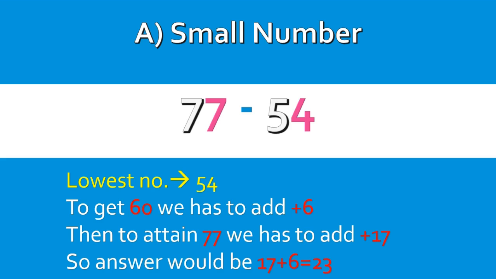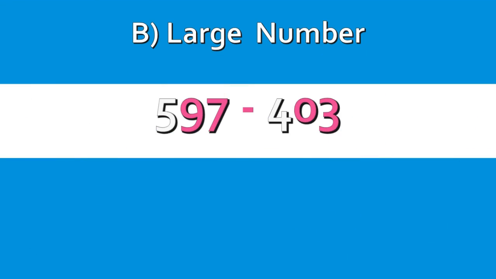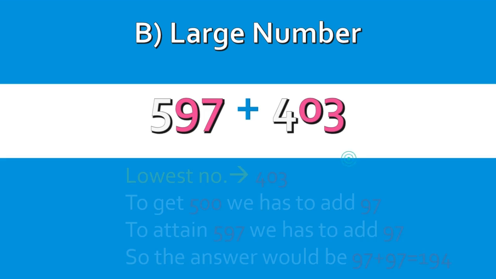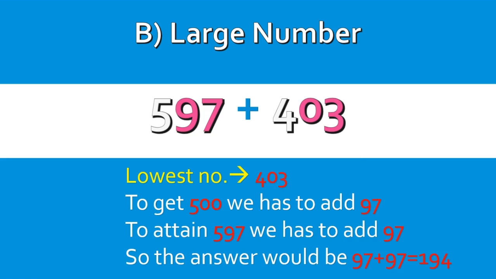Now we are going to see subtraction of large numbers, that is 597 minus 403. In this case we have to consider these as hundreds digits. So 597 is similar to what we have seen, 600 minus 3, and 403 is 400 plus 3. Now when we have to subtract, we have to take the lowest number, that is here 403.